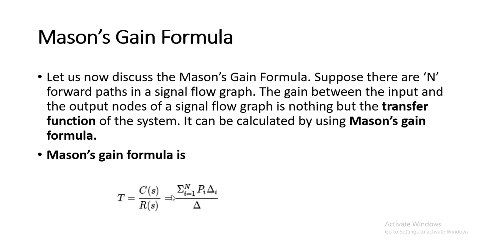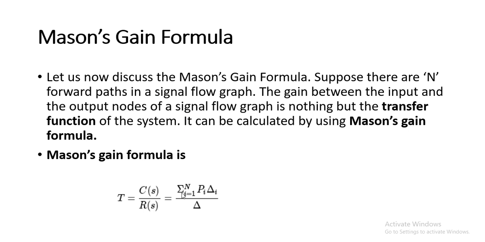Again I am repeating, the transfer function of a given system is equal to C(s) by R(s), which is equal to the summation from i equal to 1 to n, where n is nothing but the number of forward paths. What do you mean by forward path? That we will see while solving the example.